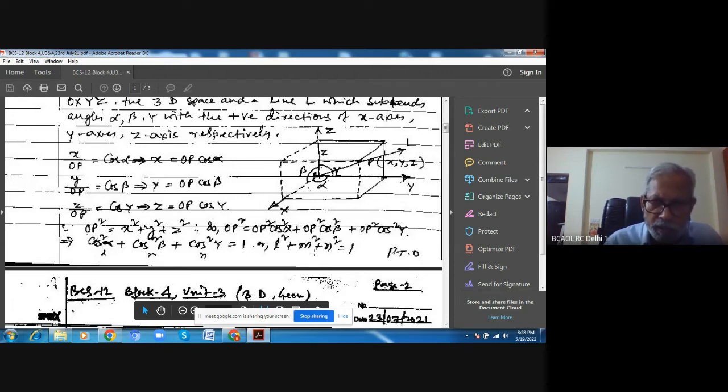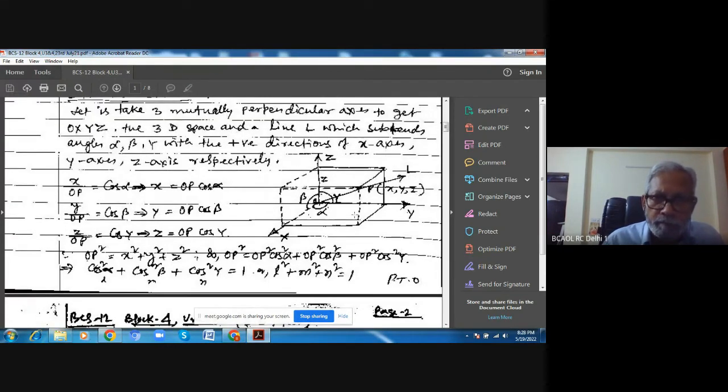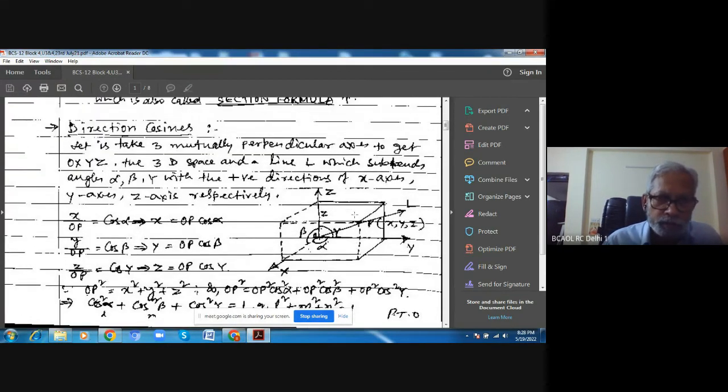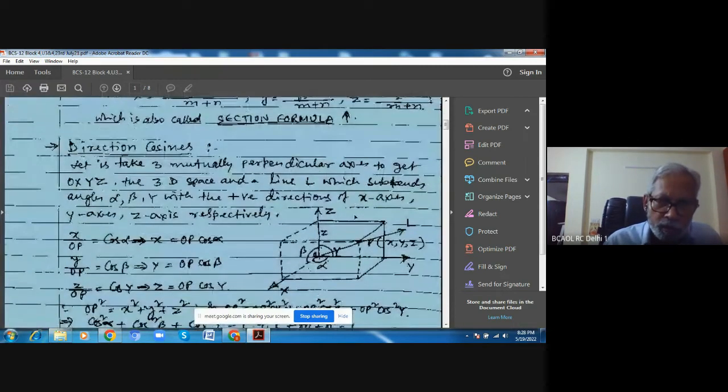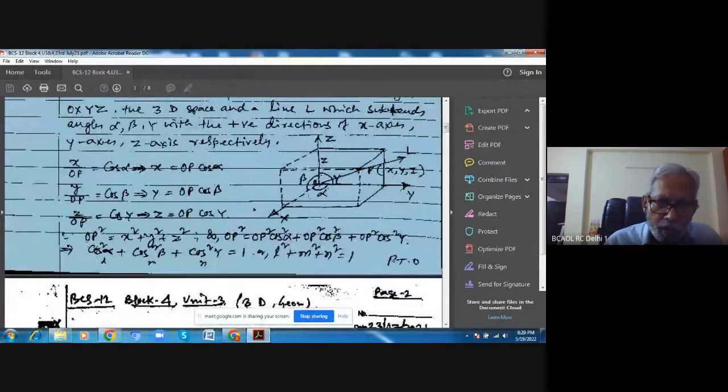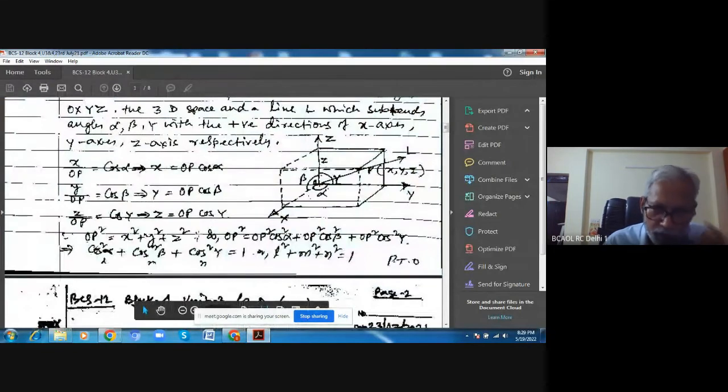So L square plus m square plus n square is equal to 1. So it is now proved. It may help you in the solution also. So during the solution, you will get these things. I will show you some examples where these things were applicable.